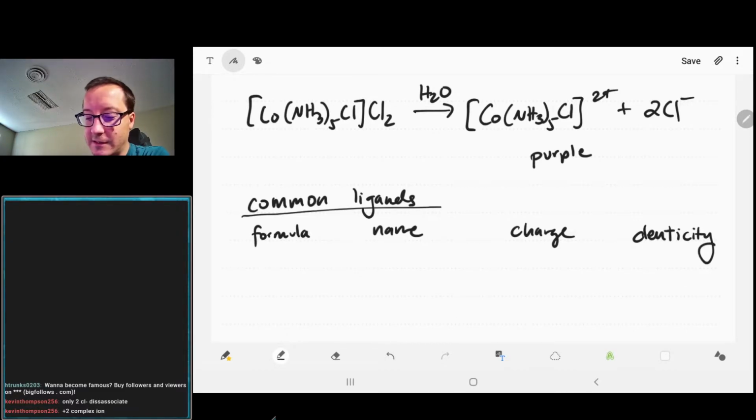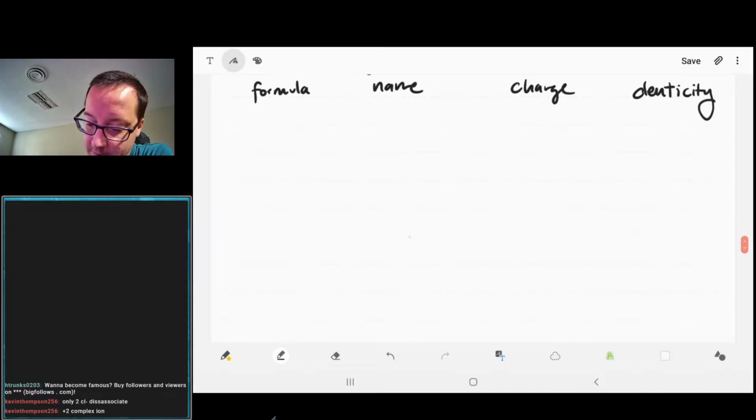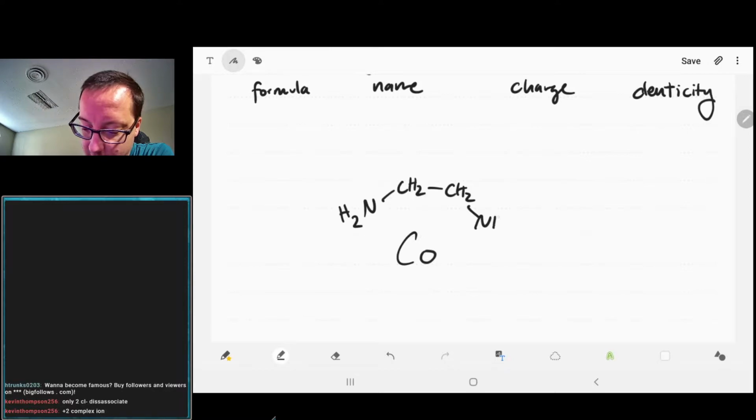Let me step back. We'll talk about denticity real quick. This is a compound called ethylenediamine. This compound is covalently linked together, has the 2 carbons and 2 nitrogens there.